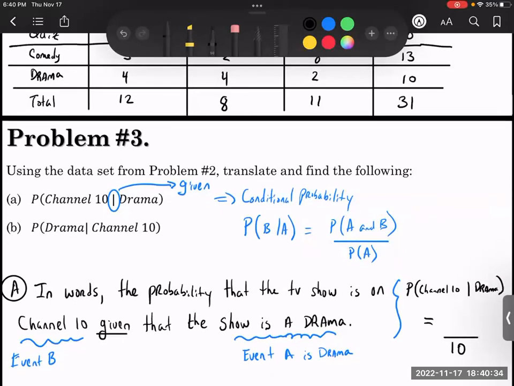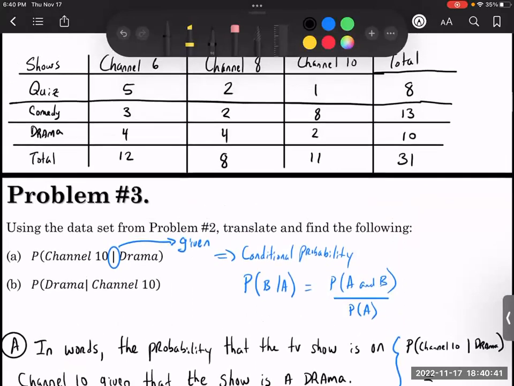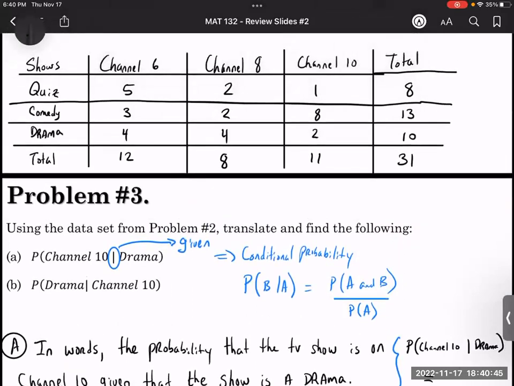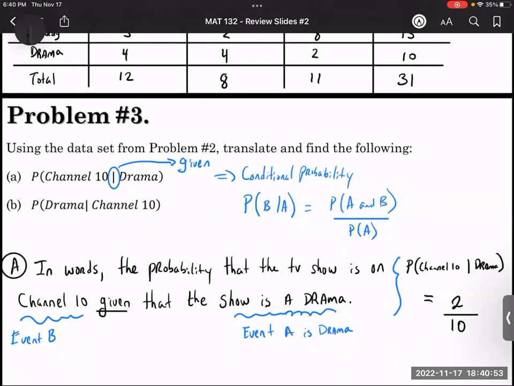Your first event is drama, so that's always going to be your bottom number. That bottom number is related to how many drama shows. There were 10 of them. Out of the 10 drama shows, how many are shown on channel 10? Based on this table, it's 2. So for part A, your probability is 2 out of 10. You don't actually have to use a direct formula.